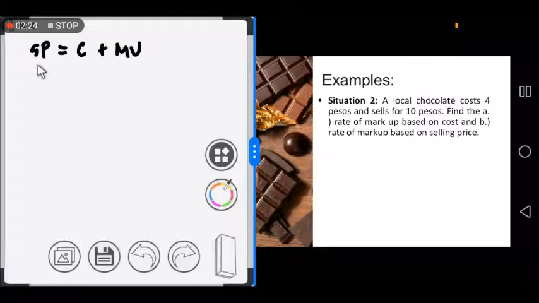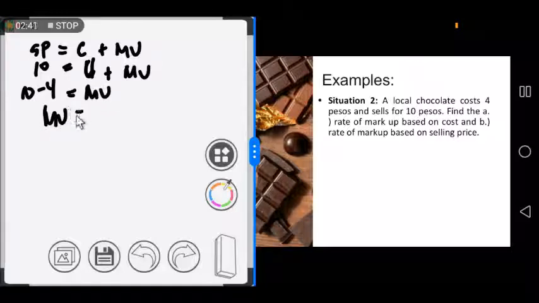Your selling price is 10 pesos, your cost is 4 pesos, and the markup is missing. So, 10 minus 4 is the markup. So, our markup will be 6 pesos. Take note of that, 6 pesos.